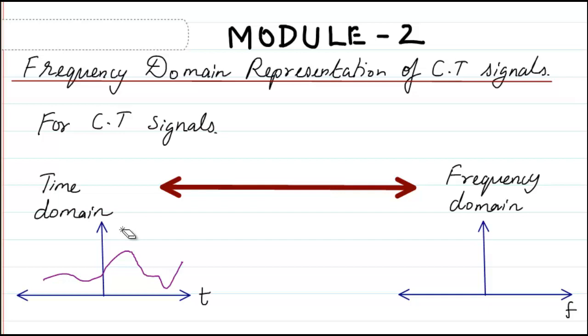A signal can be viewed in frequency domain also, which basically gives a kind of representation of how the signal is going to be in the frequency. That means which all frequencies are present. And there are zero frequencies and there are higher frequencies, and there is a particular limit up to which the frequencies are available.